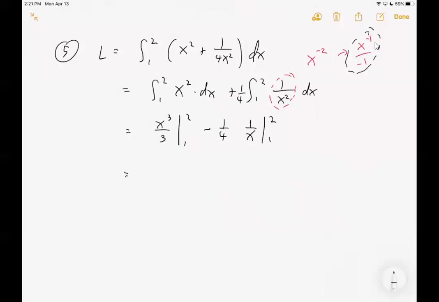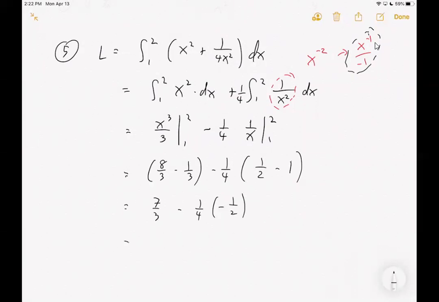This becomes 8/3 minus 1/3 for the first one, minus 1/4, and then we have 1/2 minus 1. So let's simplify this. We have 7/3 minus 1/4. If we take 1/2 minus 1, we have negative 1/2.